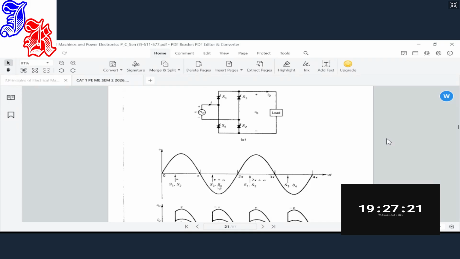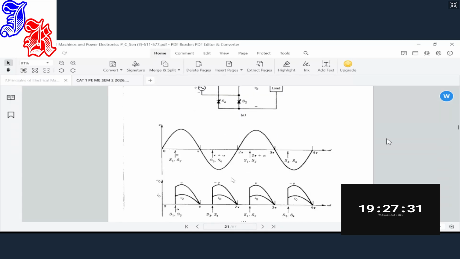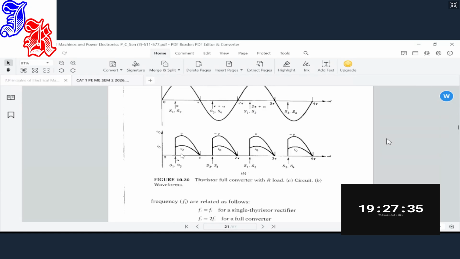But the negative cycle will be allowed to flow through S3 and back through S4. So S3 and S4 will be conducting the negative half cycle, and as a result we are able to allow both the positive and the negative to pass through the thyristors and reach the load or the machine that you have attached there.